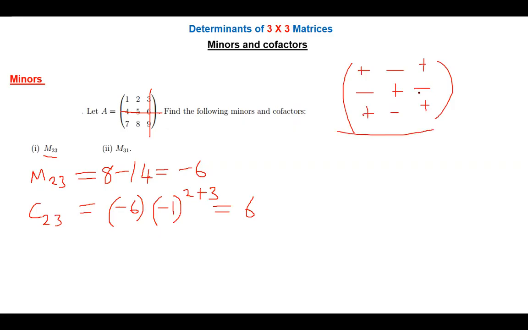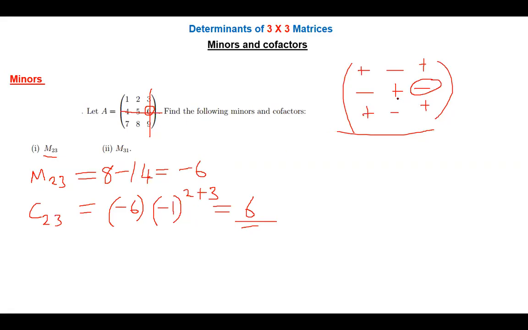So to find the cofactor that is here, where these two lines are meeting, according to this matrix of cofactors, they are meeting at that point. So this point where they are meeting, you take the sign that is there and multiply it to the minor. So this minus, I'm multiplying it to this negative 6, and then I get positive 6. So that positive 6 is then my cofactor.